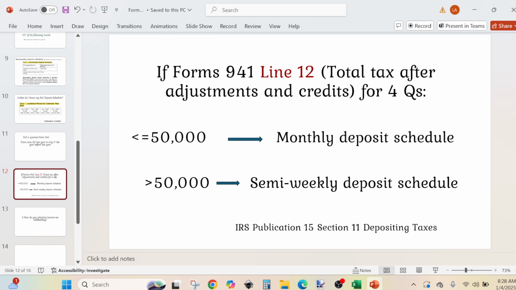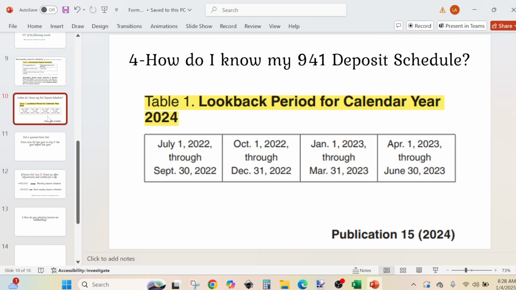If it's equal to or less than $50,000, you will choose the monthly deposit schedule, and if it's more than $50,000, then you are a semiweekly depositor. That is the lookback period for 2024 that you will need to work with.